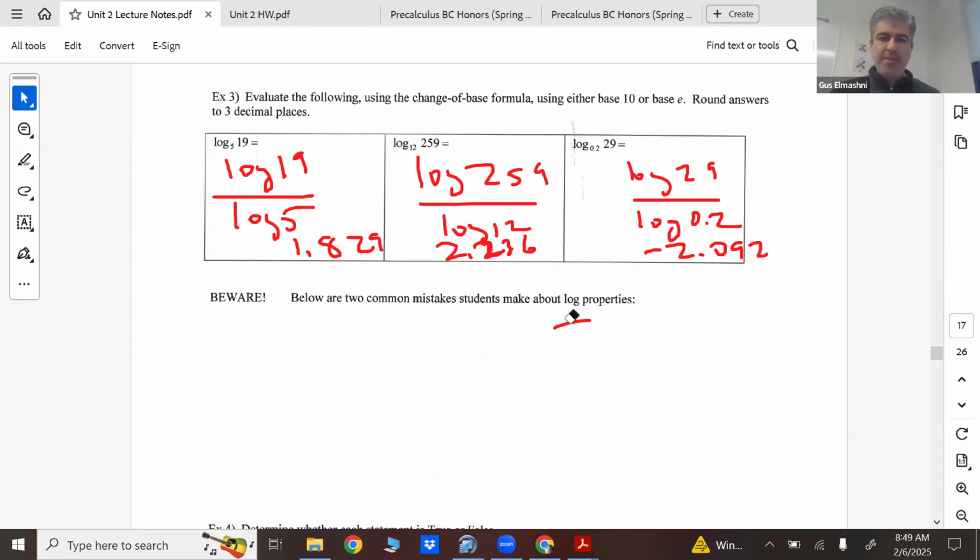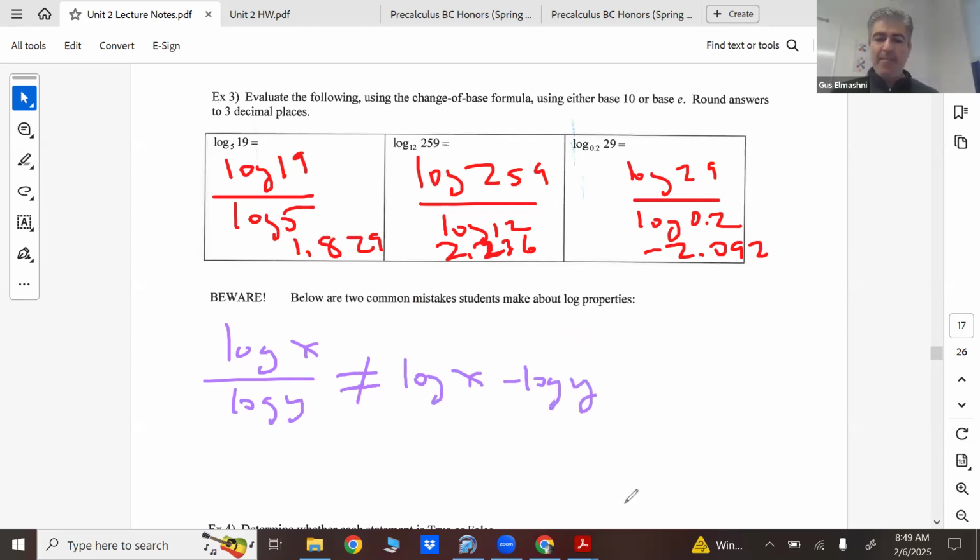And the two common mistakes, which Clay and Ollie shared with us: don't do this. Don't do that, right?